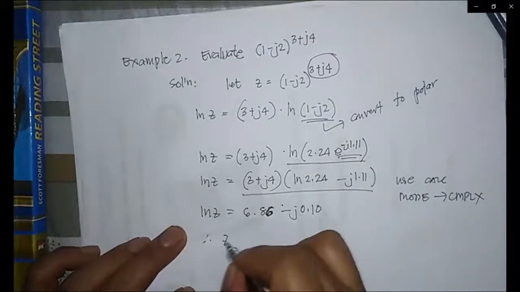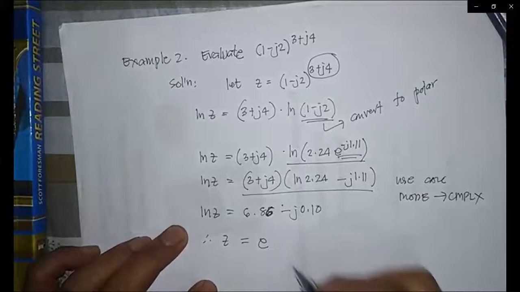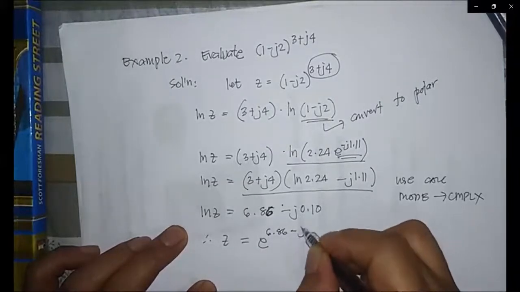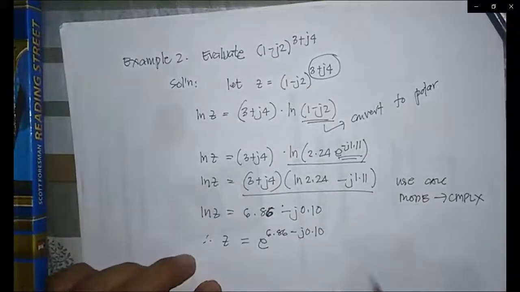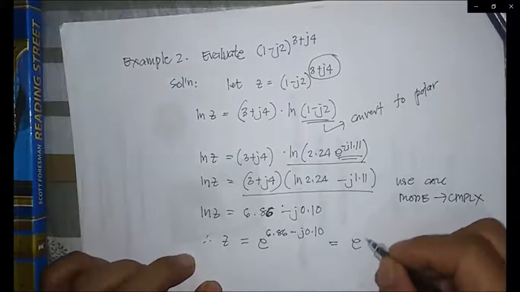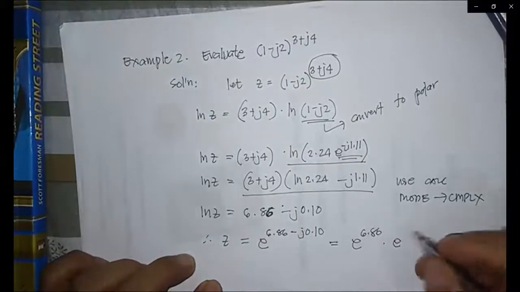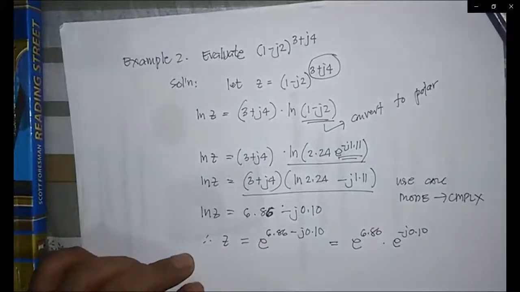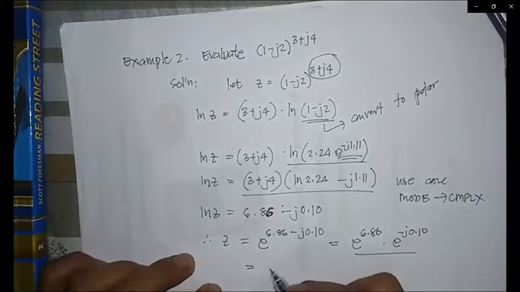Now to solve for z, we take the inverse logarithm. That becomes e raised to 6.86 minus j 0.10. So we will expand that using the rules of algebra: e raised to 6.86 multiplied by e raised to negative j 0.10. So we will expand that to the trigonometric form.